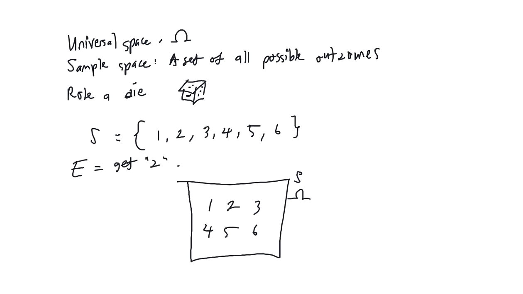Let's say this is E1, event number 1. So we can say event number 1 is a subset of S. So the subset symbol is introduced here. Or we can call it event number 1 is a subset of the universal space.